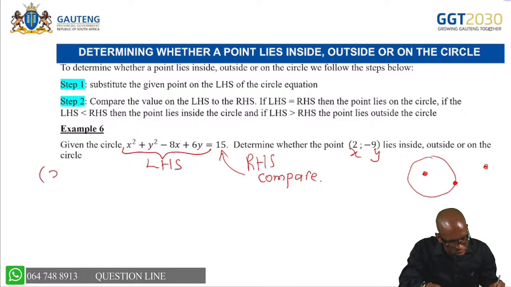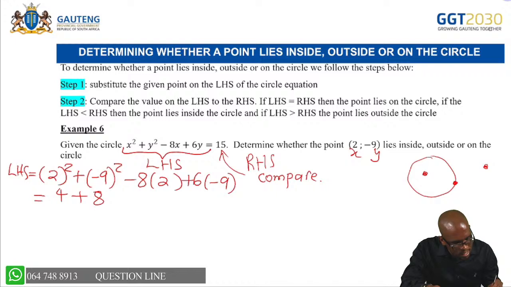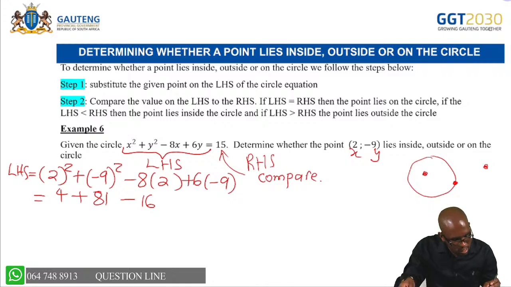x in this case is 2, all squared, plus y minus 9, all squared, minus 8 into 2, plus 6 into minus 9. Now, if you simplify this, this is our left-hand side. This would be 4, this would be 81, this would be minus 16, and 6 times minus 9 would give us minus 54.